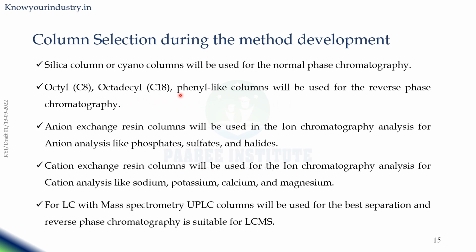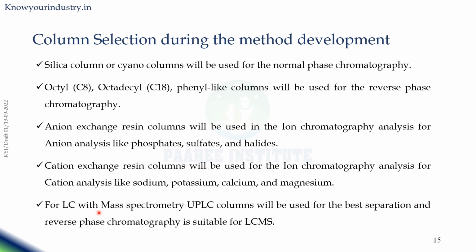C18 columns are the most commonly used columns in reverse phase chromatography. Anion exchange resin columns can be used for anion analysis like phosphate, sulfates, and halides. And cation exchange resin columns can be used for cation analysis like sodium, potassium, calcium, magnesium, etc.